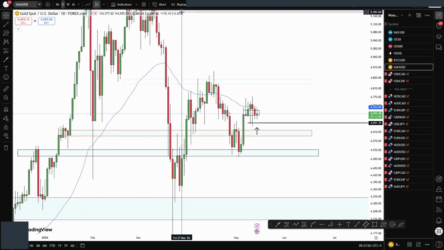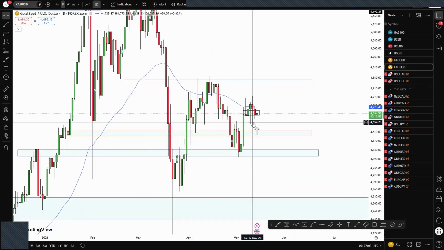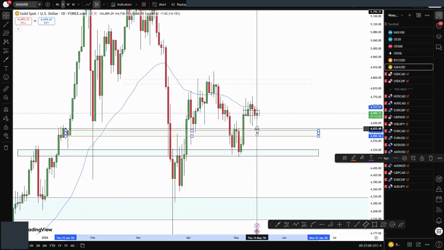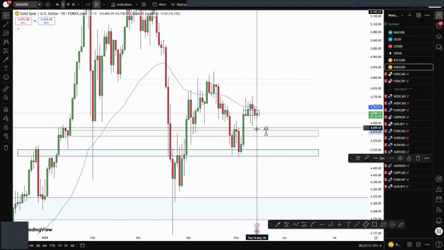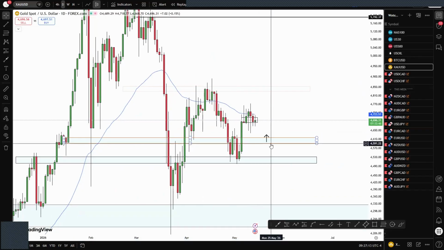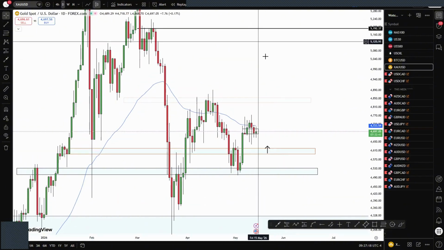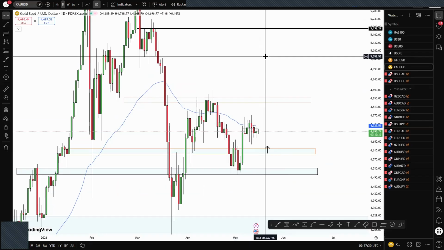Because if you can clearly see, price is rejecting this level, and this price can continue going up to this zone. So things like that.